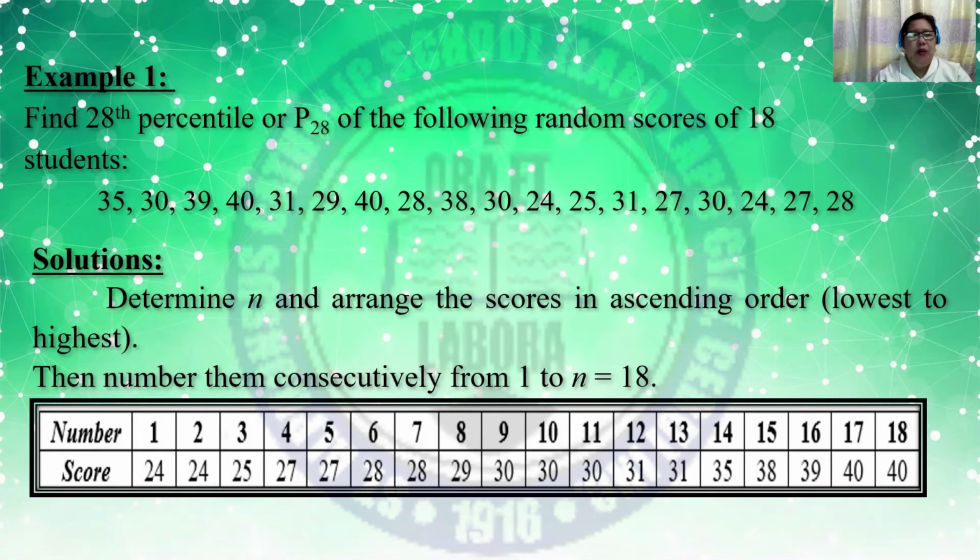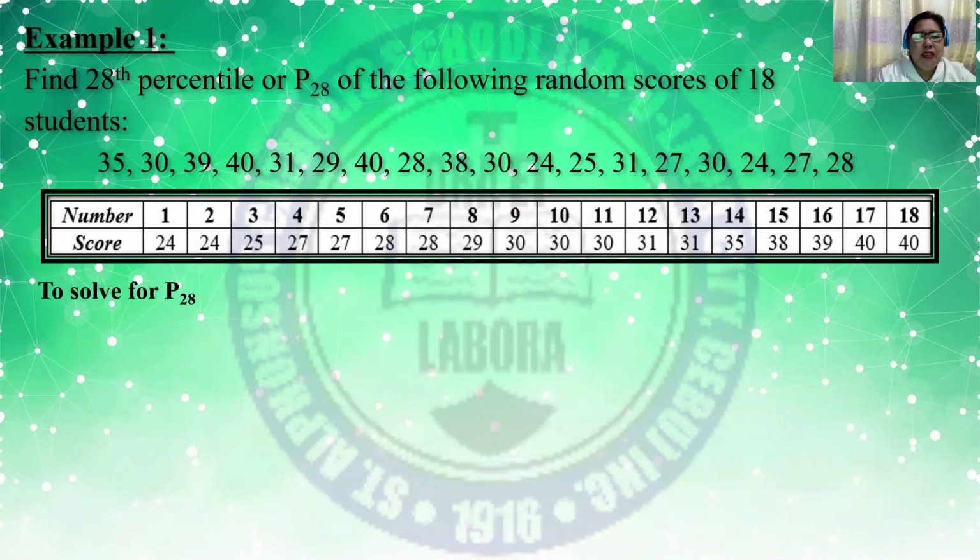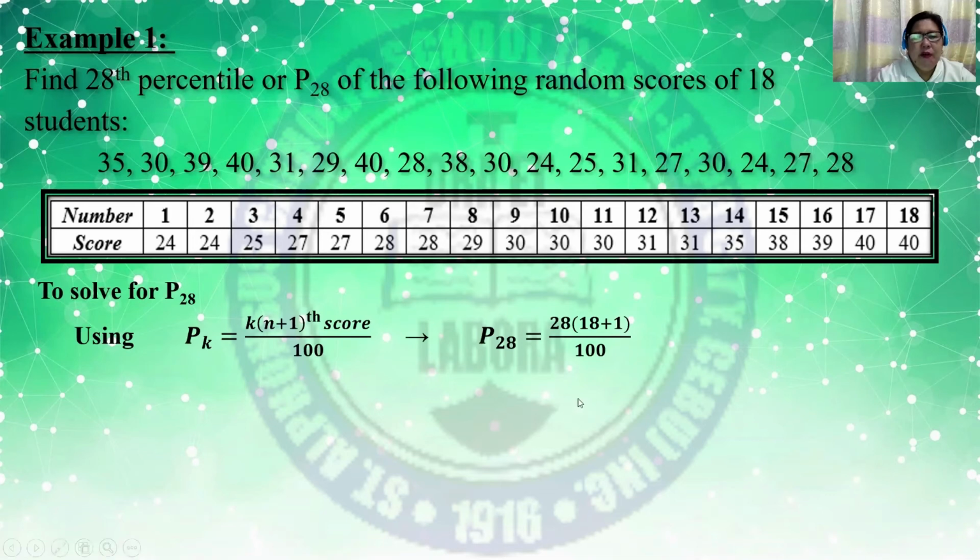To solve for P28 using the formula, change k into 28: 28 for k and 18 for n, plus 1, all over 100. And that is 532 over 100, equivalent to 5.32.